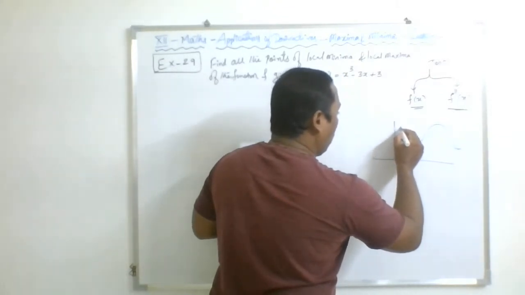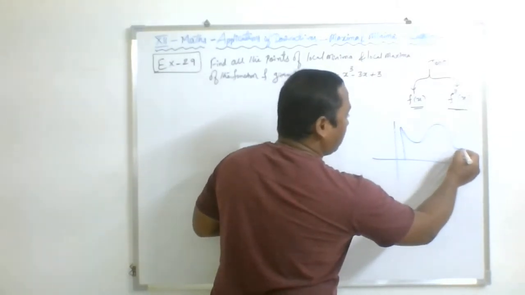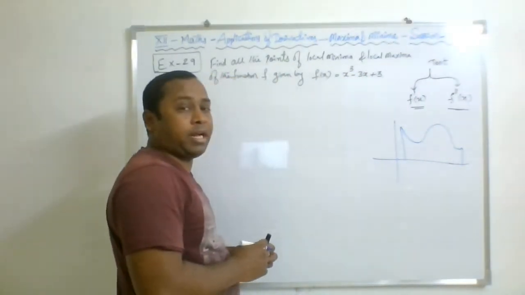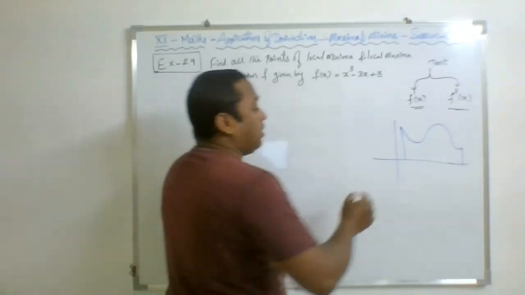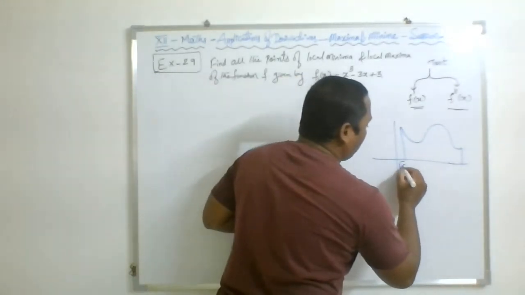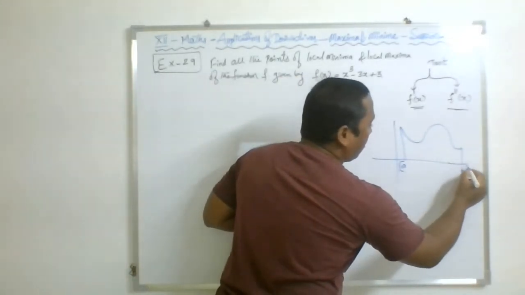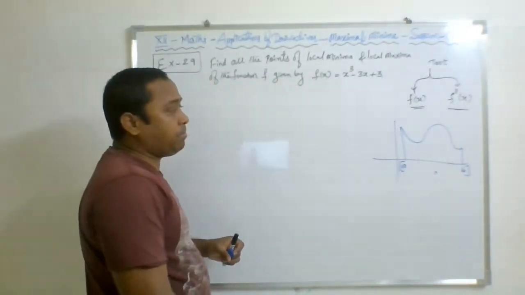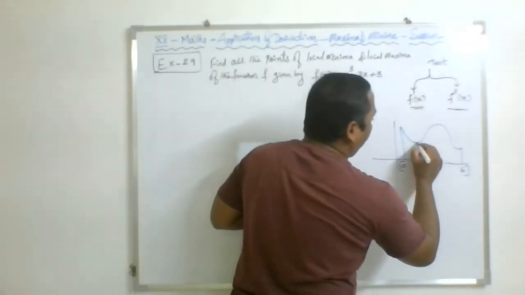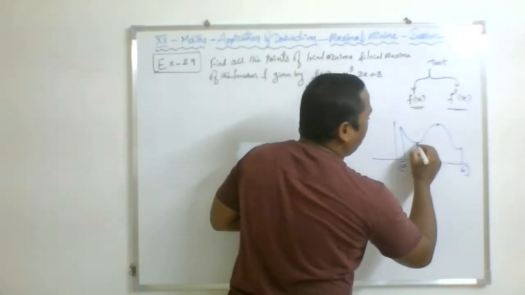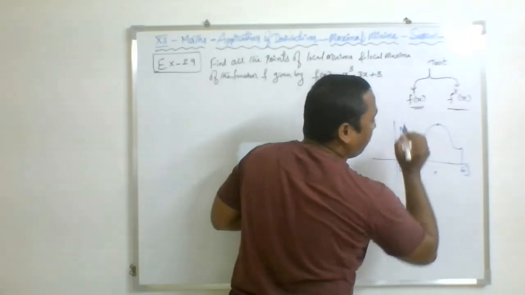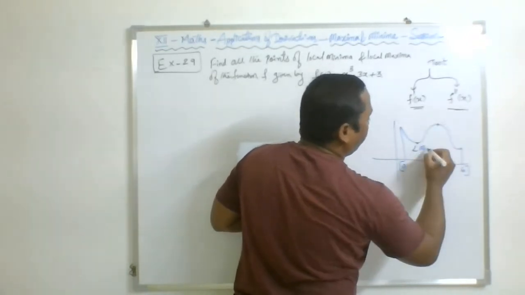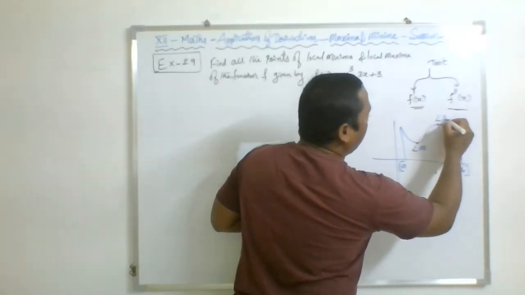If I'm studying the point of maxima and point of minima within this closed interval a comma b, then the turning points, whatever the point of minima or point of maxima, are called local minima and local maxima.